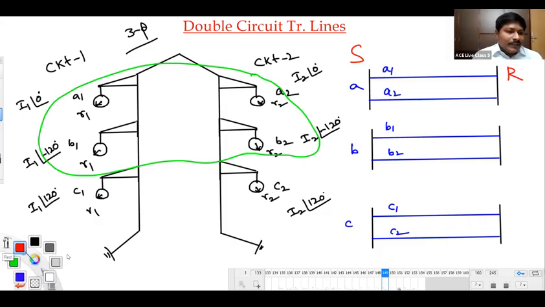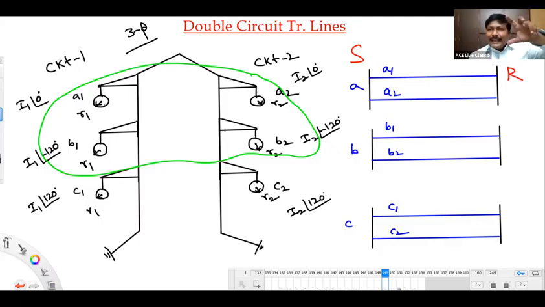Now, tell me please. For example, beside the A1 conductor in this group of AB phase, how many conductors are available? Three conductors are available beside A1 in this group.